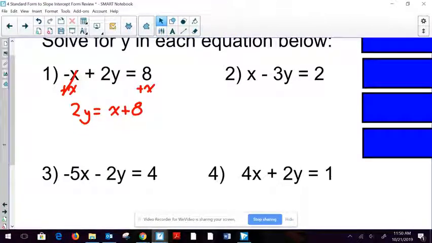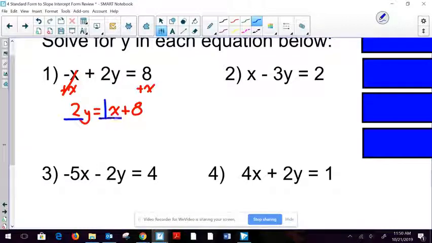Now, to make your life a little bit easier, anytime you have a variable without a coefficient, it gets easier to add a 1 in front of it. So now when I go through and divide everything by y's coefficient, I remind myself that that is equal to 1 over 2x. 8 divided by 2 is a positive 4, and now it's written in slope-intercept form.